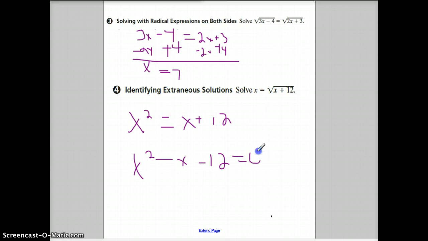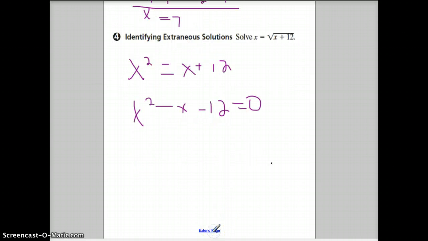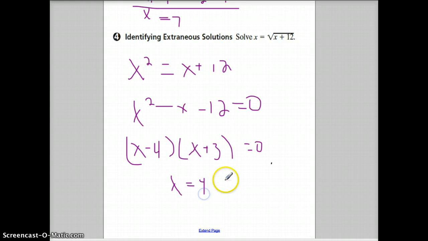And I'm going to solve this by factoring. This is my favorite method. You may solve it using any method you want, but I get x minus 4 times x plus 3, excuse me, when I factor. And so I get the two answers of x to be 4 or negative 3.